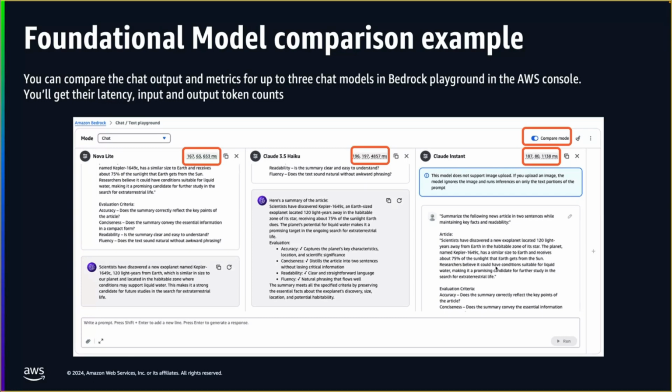When you receive the answers, you can compare results, and you can also see the input tokens and output tokens, those numbers in the rectangles, and you can also see the latency, right? So how much time it took for the model to generate the output. Here you can experiment, run different prompts and see how the different models respond, so you can compare.